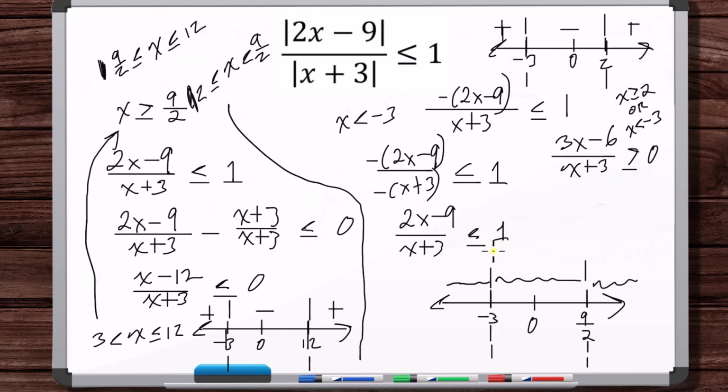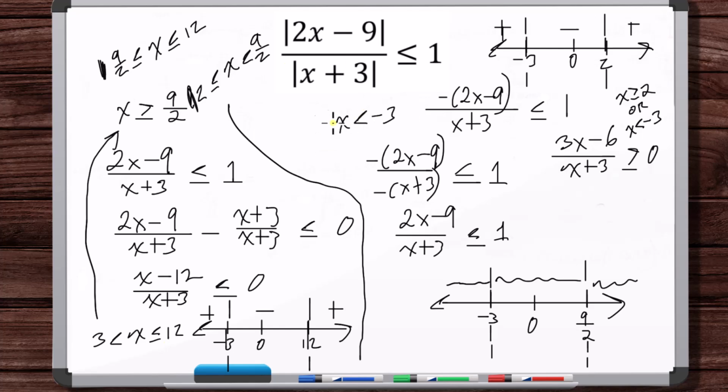All right, but it doesn't mean we don't have to analyze this region. It just means we don't have to solve this again because we already solved this inequality. But we have to analyze it again because now we're not comparing this to this, we're comparing this to this. So x is less than minus 3. Where does that cross over with this? Well, it doesn't. So there's no solutions here.